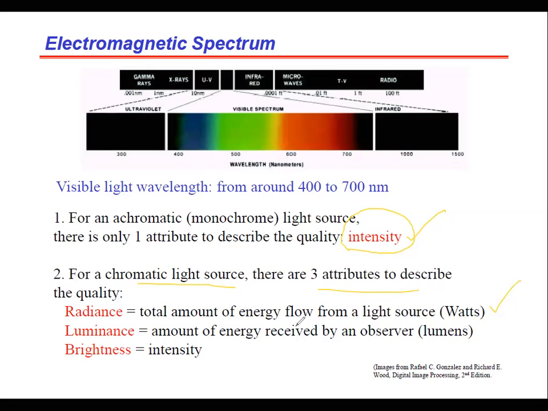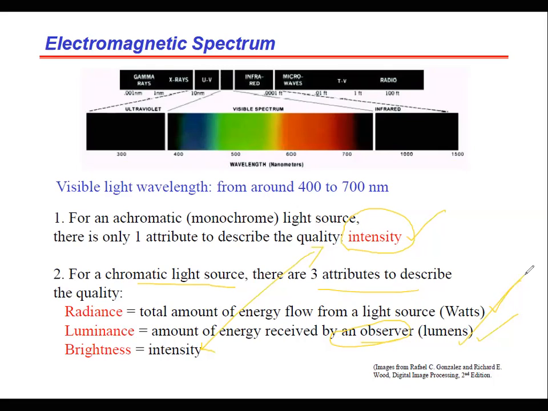Then there is something called lumens, which we can relate to: the amount of energy received by an observer. And then there is brightness. We will say a 3 watt LED bulb is less bright compared to a 15 watt LED bulb. That is common sense, but what they write on boxes is usually the lumens.